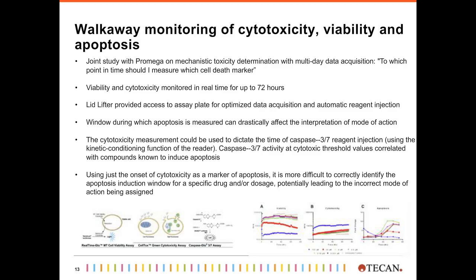So at the end of the day, we concluded that using just the onset of cytotoxicity as a marker of apoptosis, it is more difficult to correctly identify the apoptosis induction window for a specific drug and/or dosage, and that potentially leads to the incorrect mode of action being assigned. So it's always very important to study all these markers over time without loss of data in between.